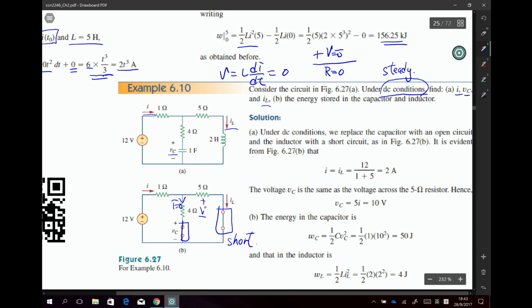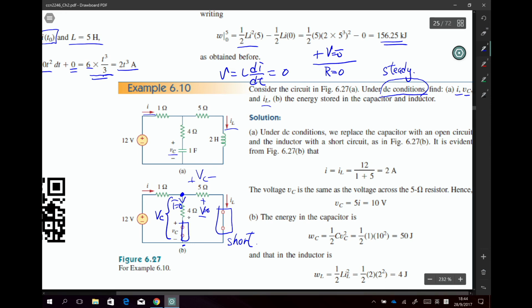So the potential difference V equal to 0. So this VC means that it is the potential difference at this loop to this loop. Or it is equal to the potential difference of the 5 ohm, because at this path you have only a 5 ohm resistance here. Okay?